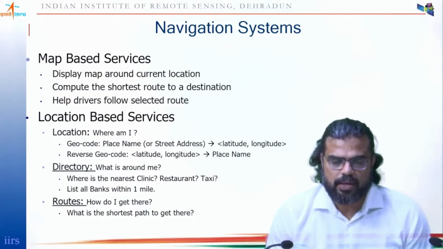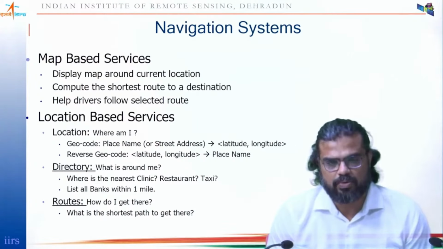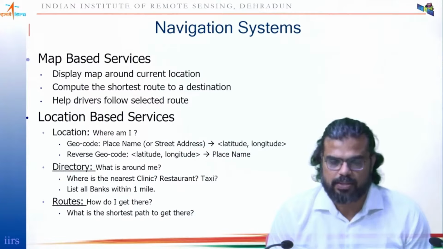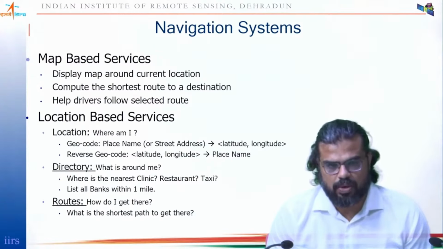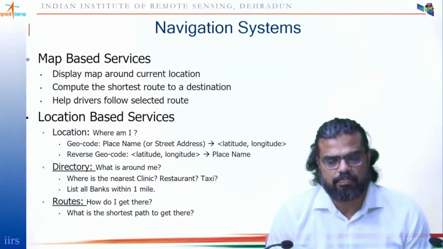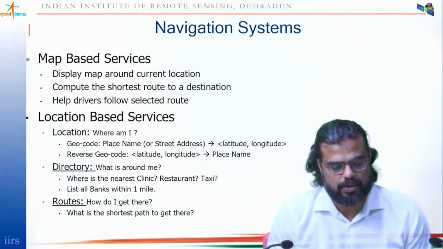In that case, latitude and longitude will not be a good way of representing how the vehicle has traveled from the start point to the end point, because those will be only numbers. From the user's or the human point of view, that is not very useful. So you need services where you put in the latitude and longitude and get the address back, and that can be represented. Those kinds of services are there, which we call geocoded addresses.